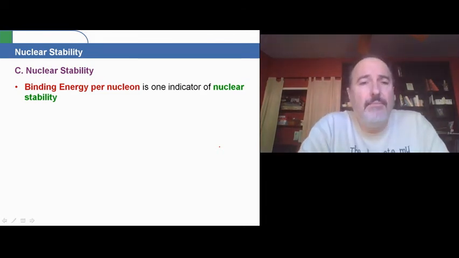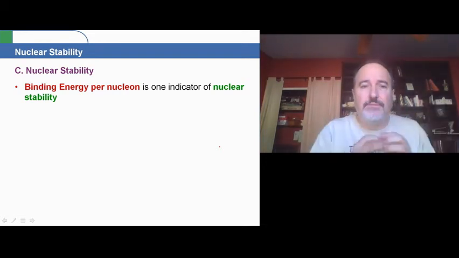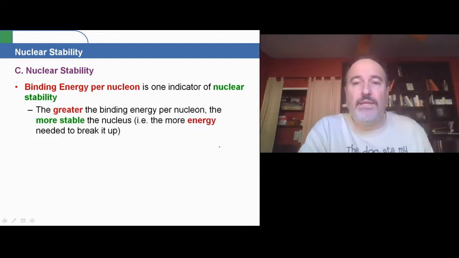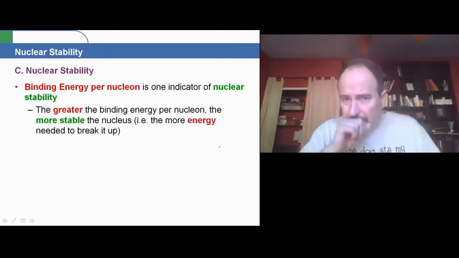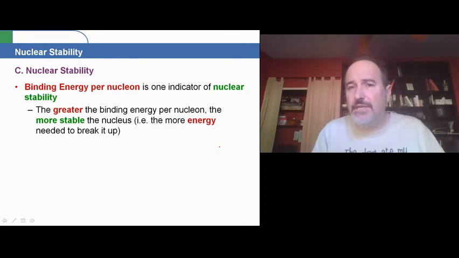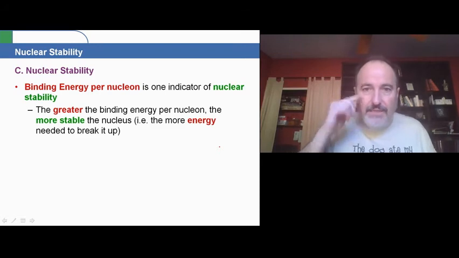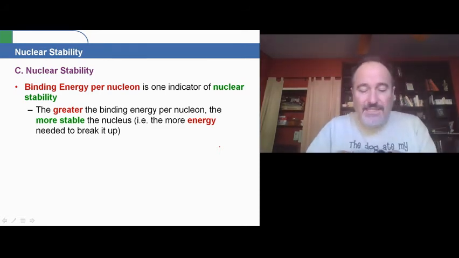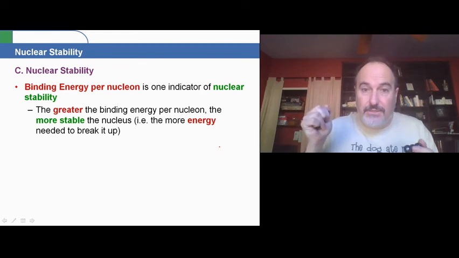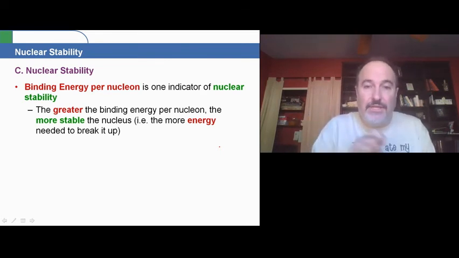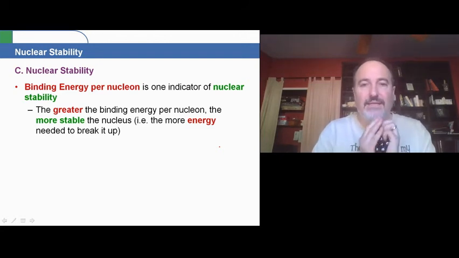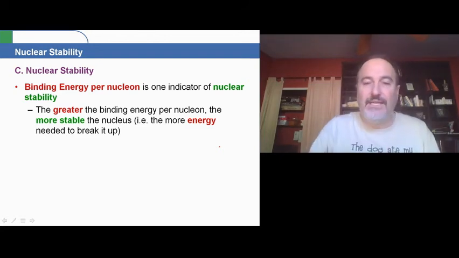One indicator of nuclear stability is the binding energy per nucleon: you figure out how much binding energy it has and divide by how many nucleons you have. The greater the binding energy, the more stable the nucleus is. If you think about it, more energy needs to go in to break it apart. So the greater the binding energy, the more likely it is to remain together, and it therefore means that it's stable.